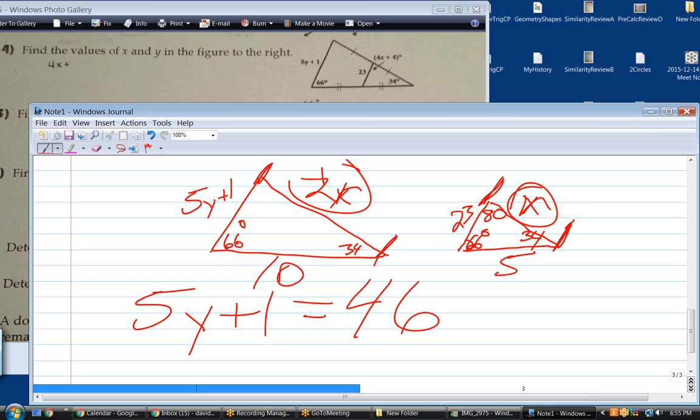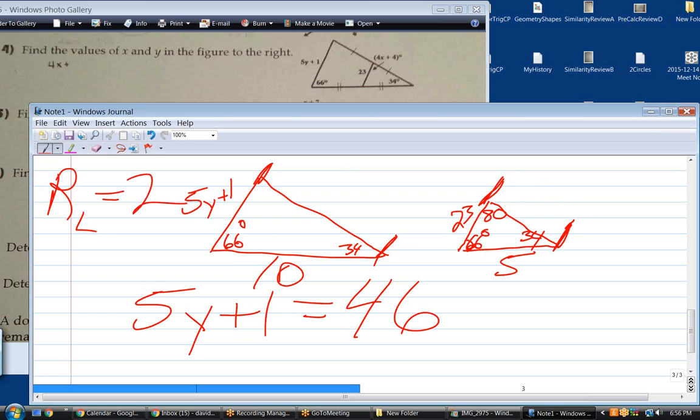If this side was 7, this side has to be 14. That's what similarity ratio means. It means the same thing as your R sub L. It means the same thing as a linear ratio. Notice that the linear ratio here is 2, right? What's the area ratio?